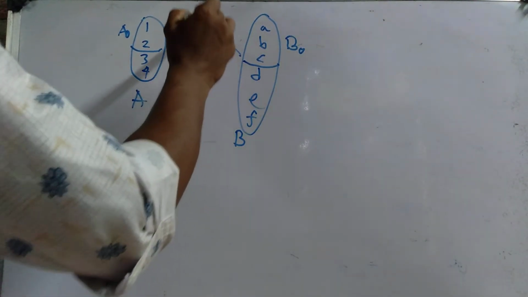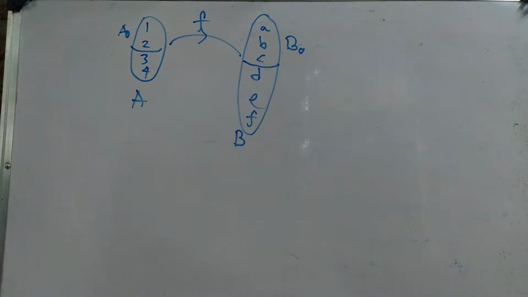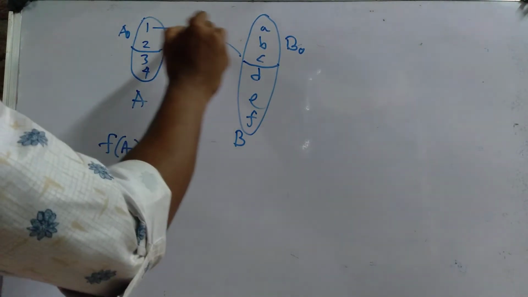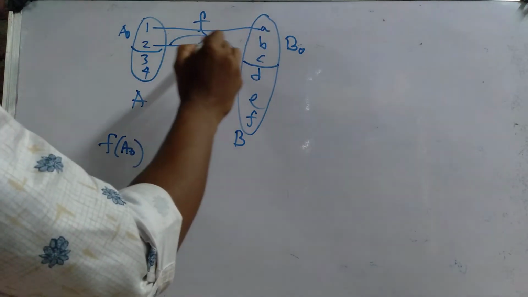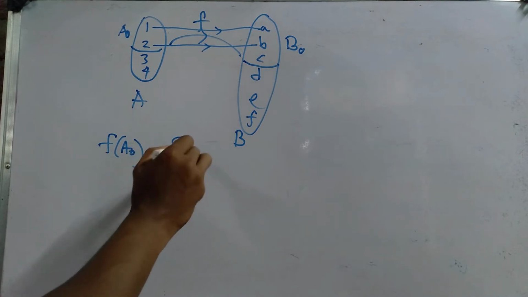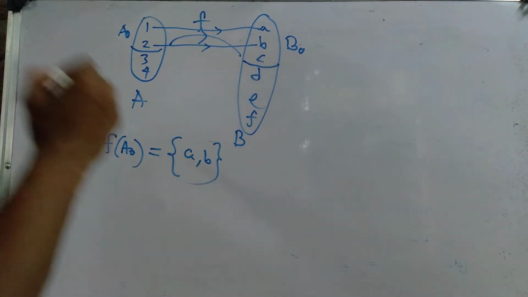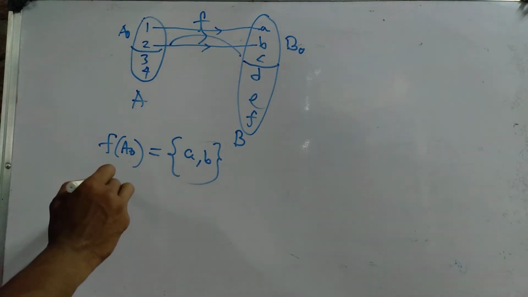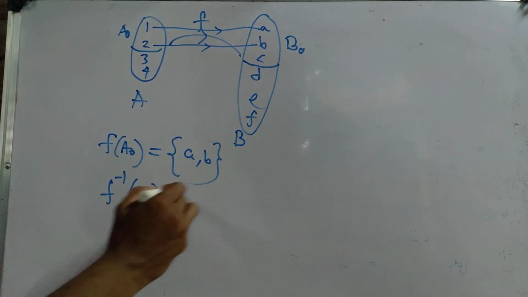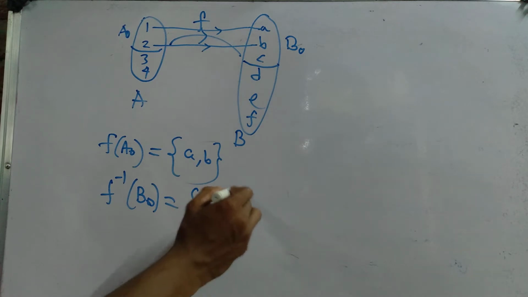Here f is defined: 1 goes to a, 2 goes to b, in this way. Then f of A0 equals {a, b}, and f inverse of B0 equals also {1, 2}.